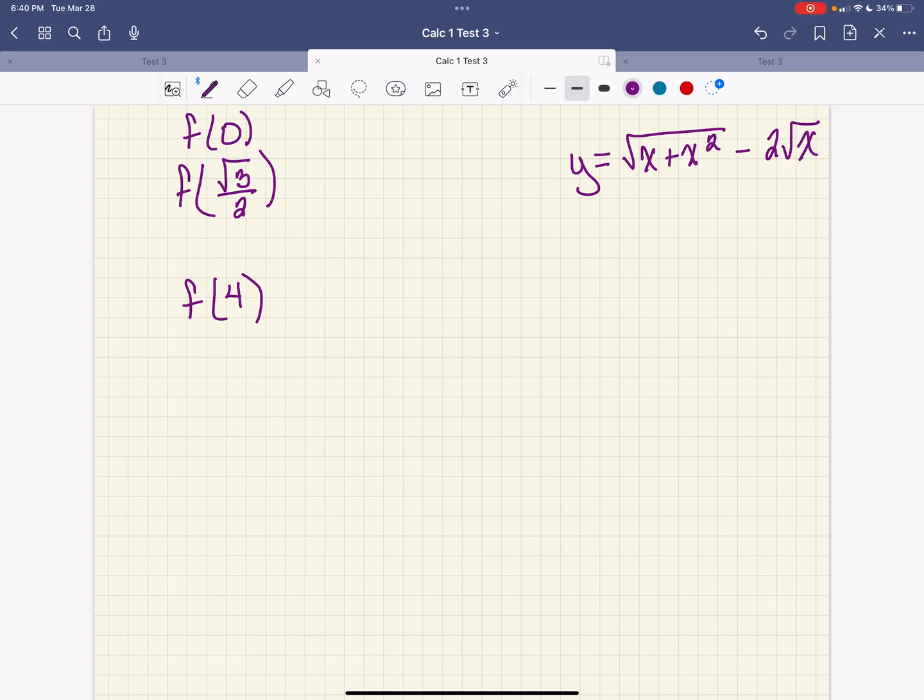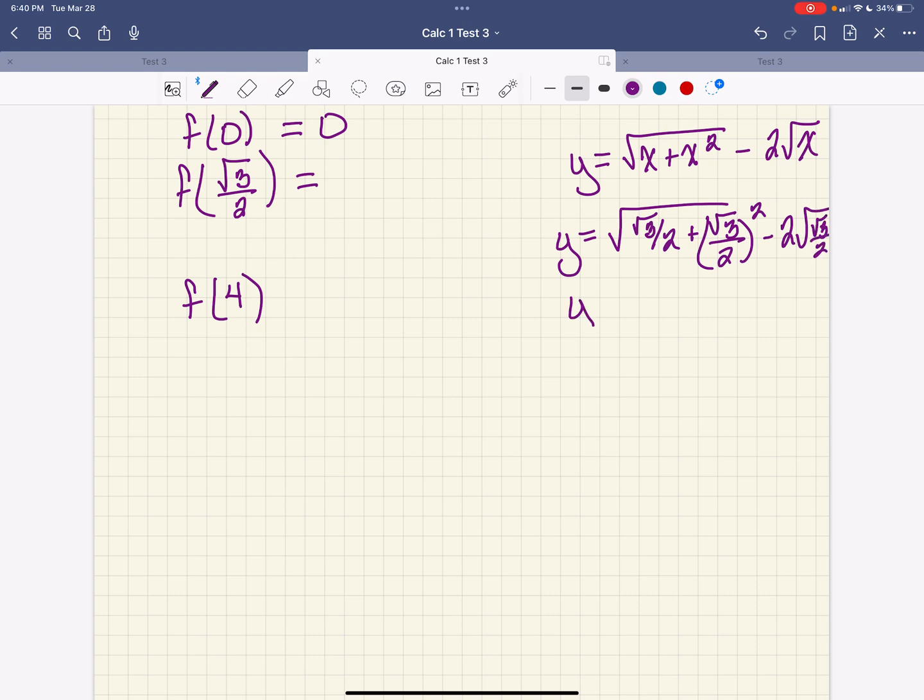When I plug 0 in for all my x's, I get 0 plus 0 squared, and the square root of that is 0, minus 2 times the square root of 0. So for 0, we are just going to get 0. Now, when I plug in the square root of 3/2, I get y equals the square root of 3/2 plus the square root of 3/2 squared minus 2 on the square root of 3/2.